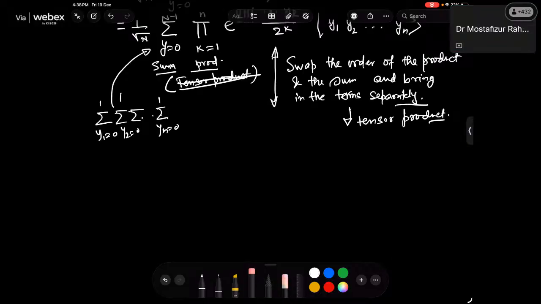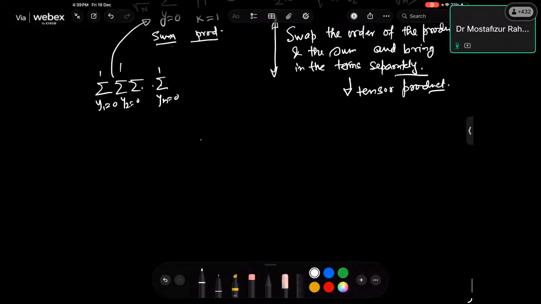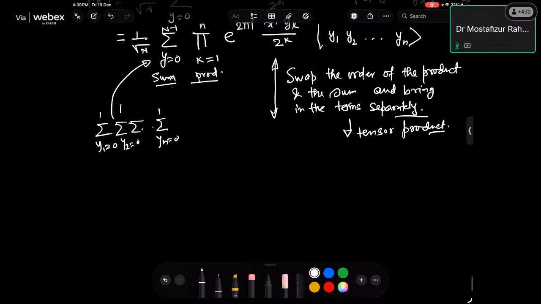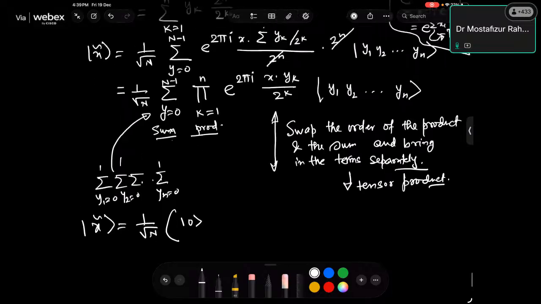So I should not write here directly, but this is the tensor product we can do. Then what happens is, once you break the bigger sum into small sums and swap between sum and product, you can write this x tilde intelligently in this way: 1 upon square root n, which will go outside. First, it will be ket 0, because we are breaking this part.